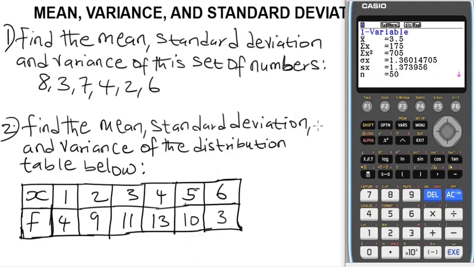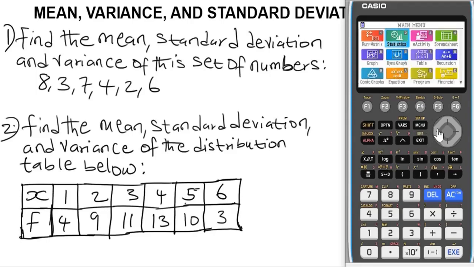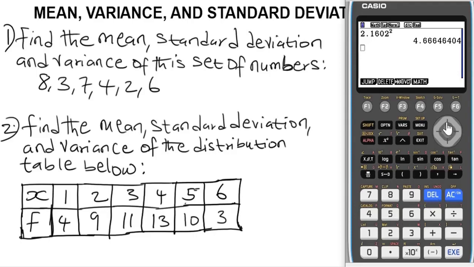To get the variance for this question, you square this standard deviation, that's 1.3601. Let's square it now. Let's press menu, then 1 matrix. Let's delete this.